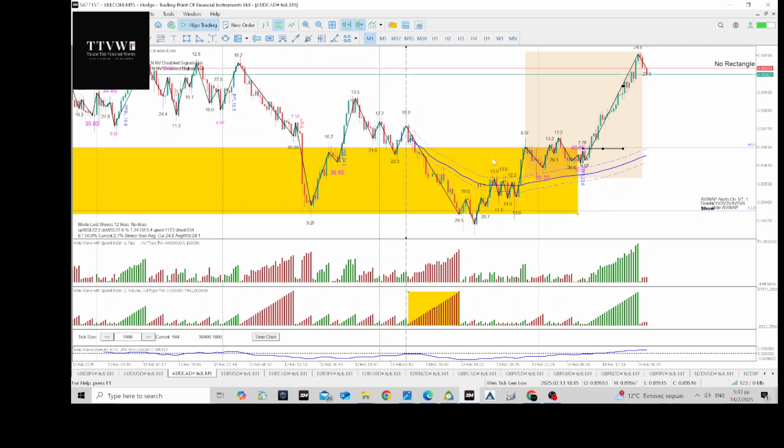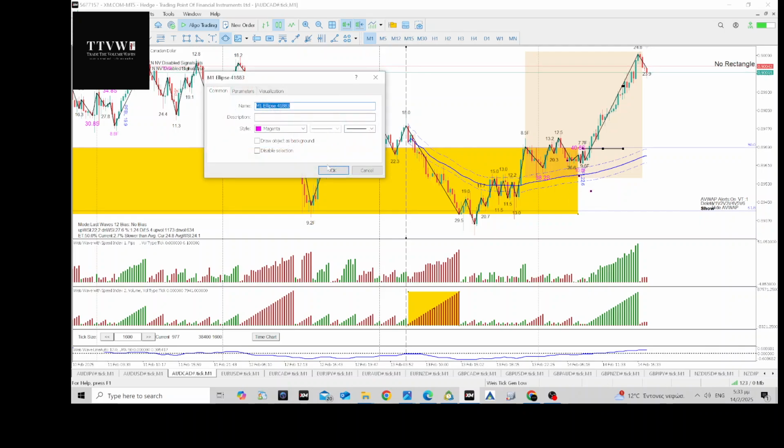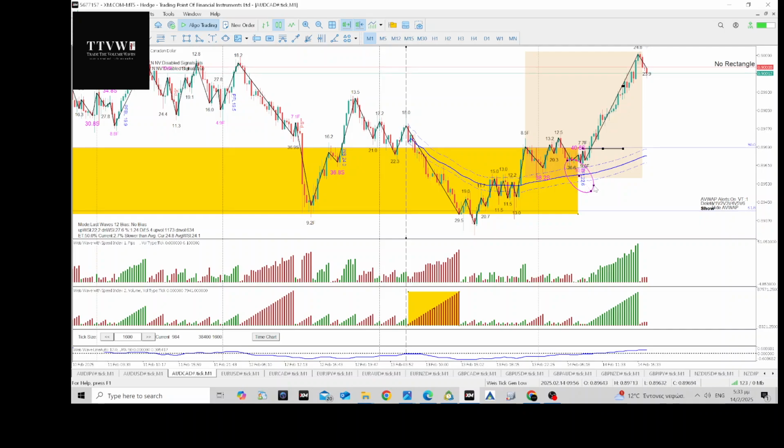Then wait for the pullback and a Bluetooth long signal, and the signal just came out right here. So basically my entry was here, and currently I am counting 40 pips.